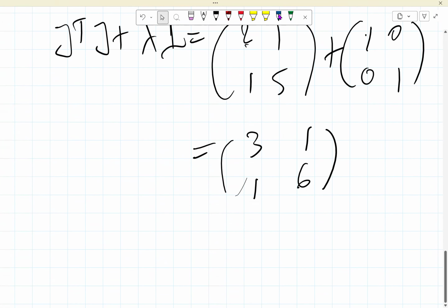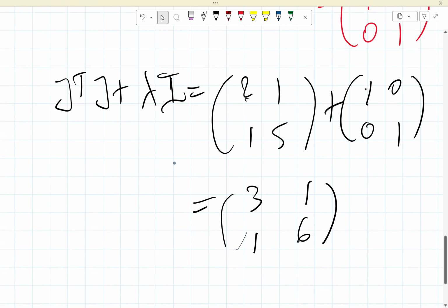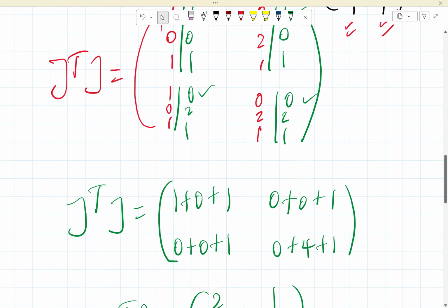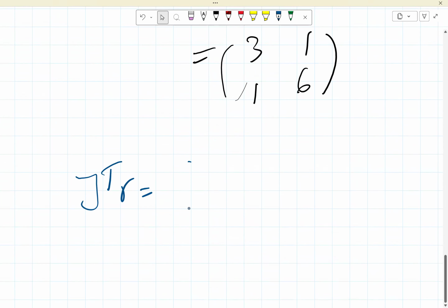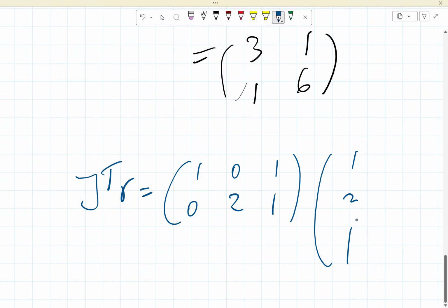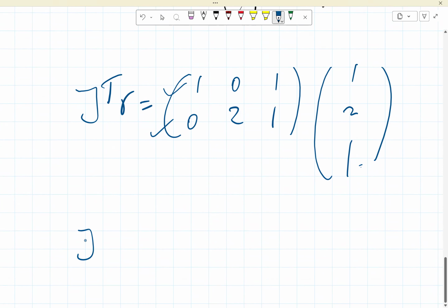Down there, J transpose R is equal to the transpose, 1, 0, 1 and 0, 2, 1, and then 1, 2, 1. Because this is 2 rows now, we have to write this twice.